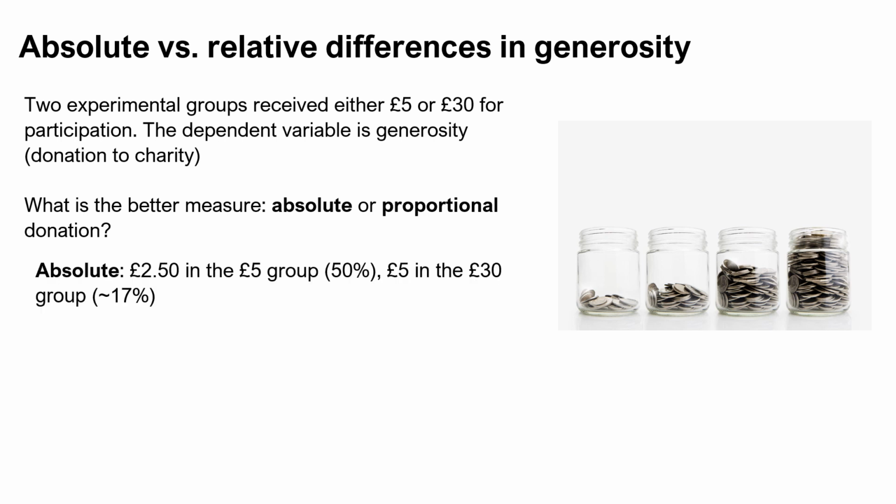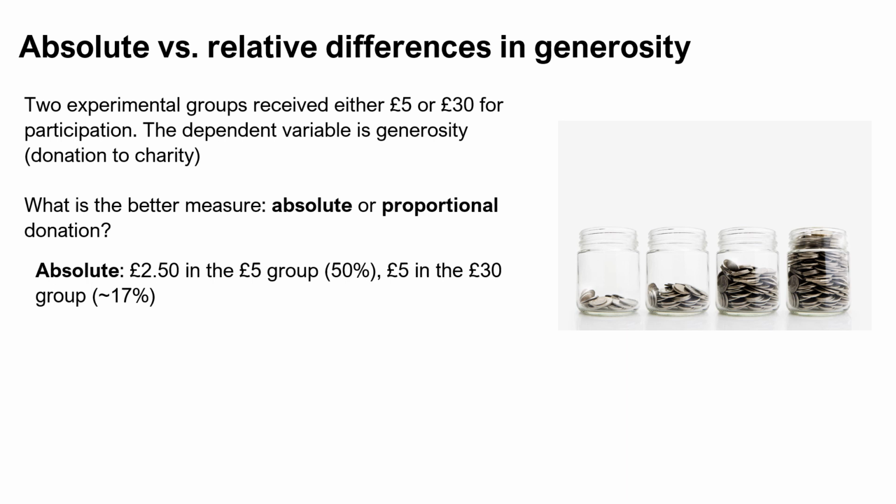So if we look at the absolute difference in donations between the two different groups, we might find that the £5 group donates £2.50 on average. That would be 50% of what they received, whereas people in the £30 group might donate £5.